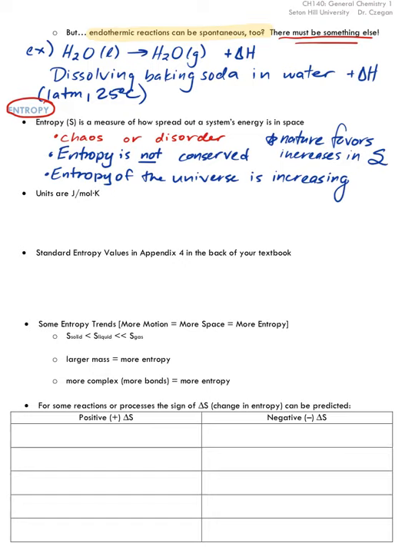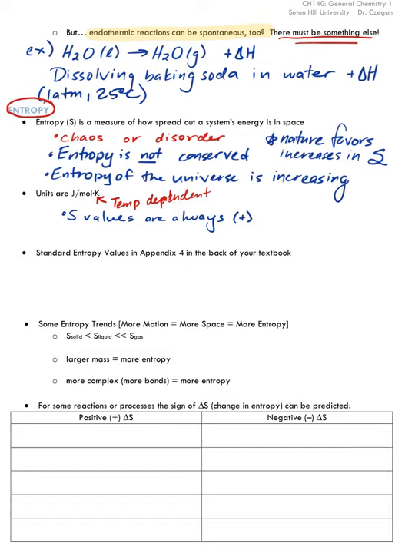Entropy is measured in units of joules per mole Kelvin. So entropy is a temperature dependent property. Entropy values are always positive. The only thing that has an entropy value of 0 is a perfect crystalline substance at absolute 0.